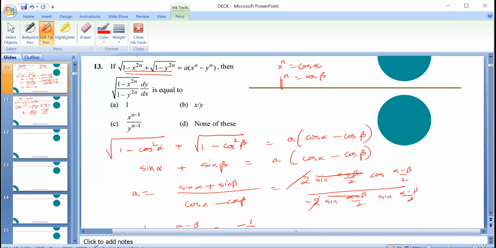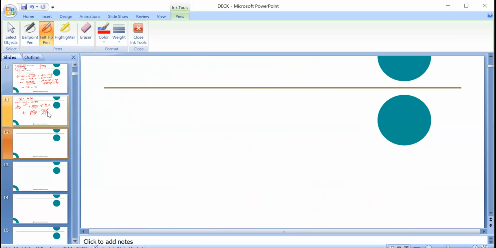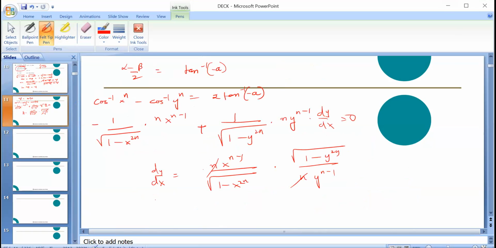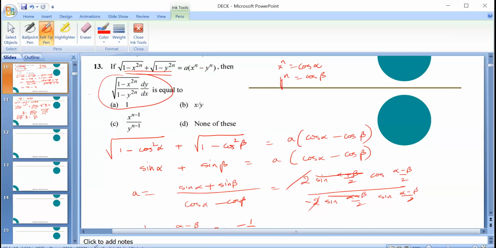So in order to find this, we have to get square root of 1 minus x power 2n by 1 minus y power 2n dy by dx equal to x power n minus 1 by y power n minus 1. That is all it is.